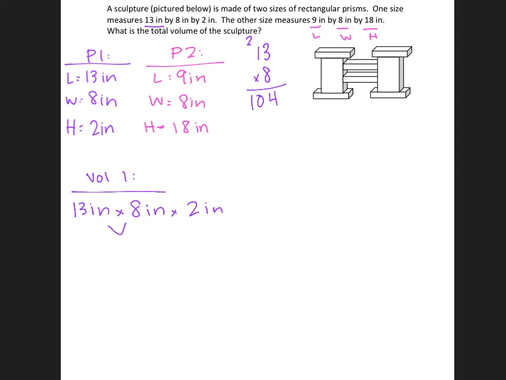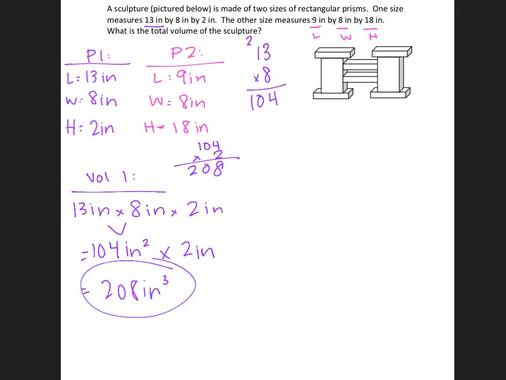That is 104 square inches, I'm sorry, not cubic inches, times 2 inches. Okay, so now I need to know 104 times 2. 2 times 4 is 8. 2 times 0 is 0. 2 times 1 is 2. That's going to give me 208 cubic inches for the volume of prism 1.